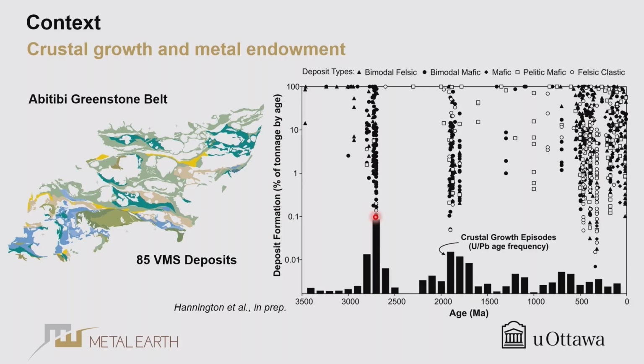And you cannot have microplates spreading or any other tectonic activity without VMS deposits to some degree, because the hydrothermal activity cools the crust.